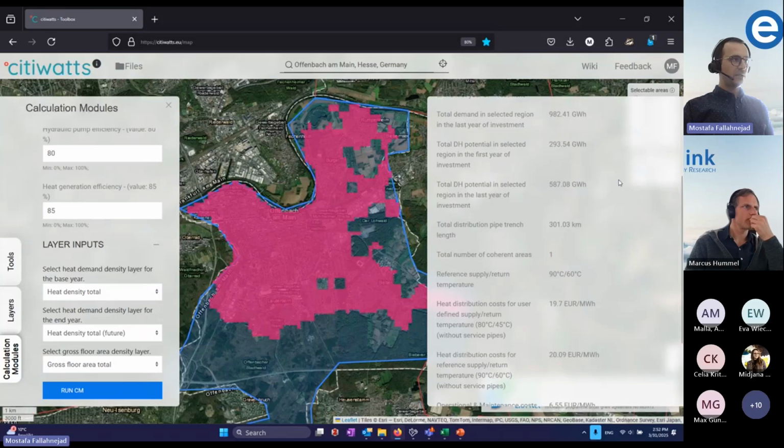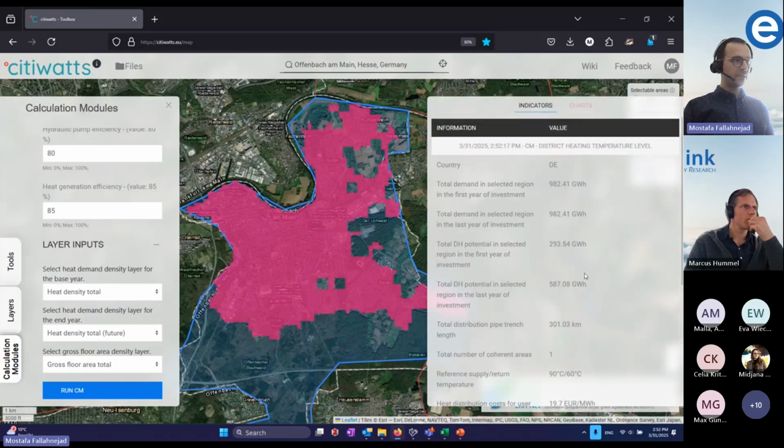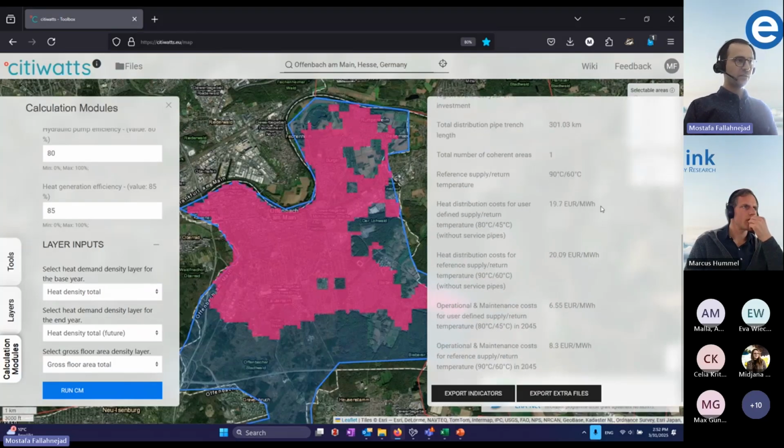But on top of the main indicators, you get some additional indicators, like the heat distribution cost for user-defined supply and return temperature. In our case it was 80 and 45. Heat distribution cost, and also the O&M cost for user-defined supply compared with the standard case.